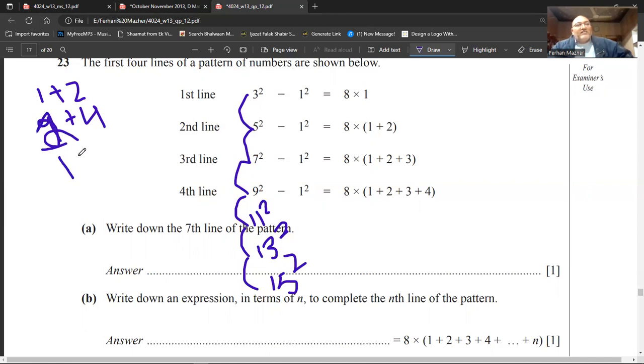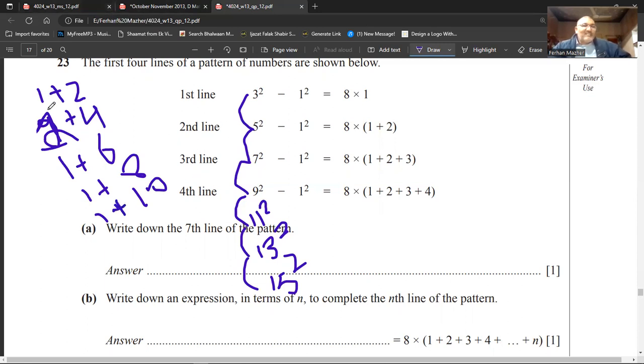Then it is 1 plus 6. What is 9? 9 is not 1 plus 6, it is 1 plus 8. What is 11? That is 1 plus 10. I'm just telling you how this is done, okay?